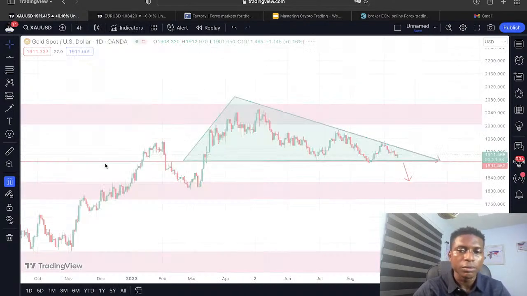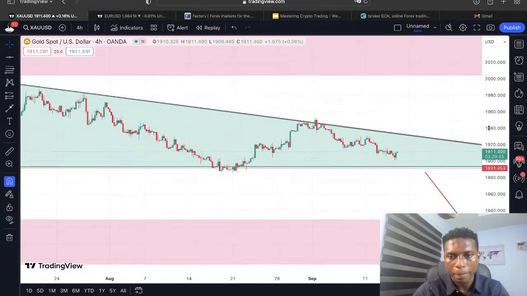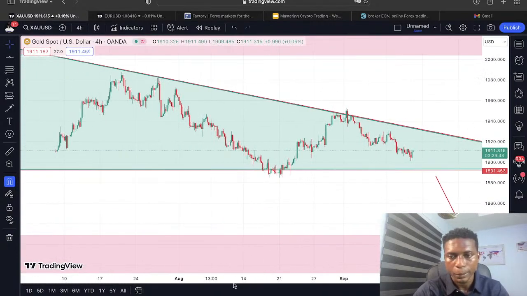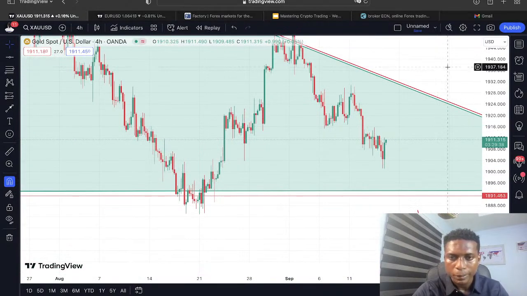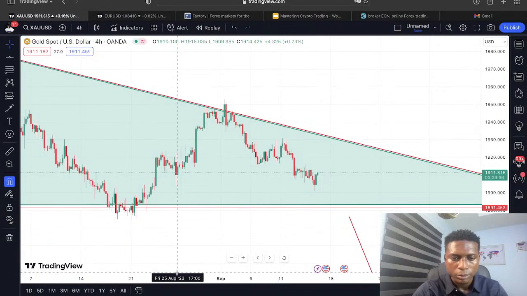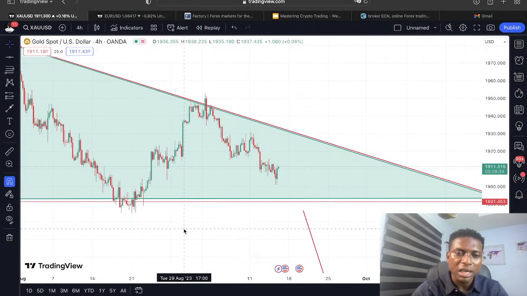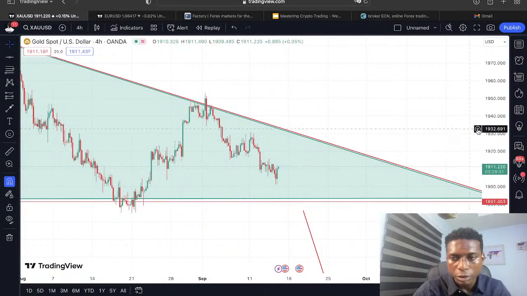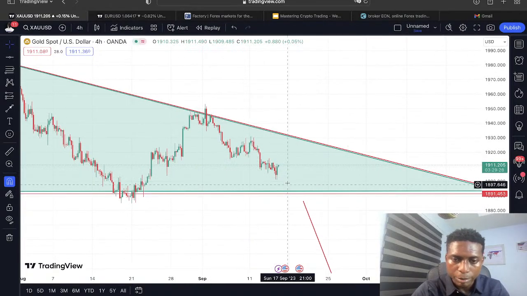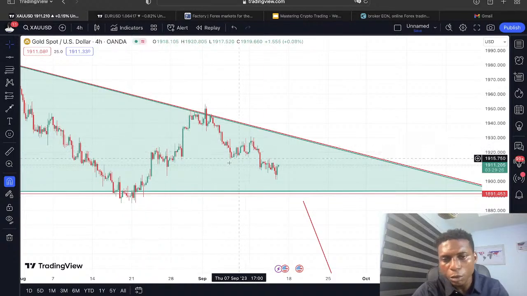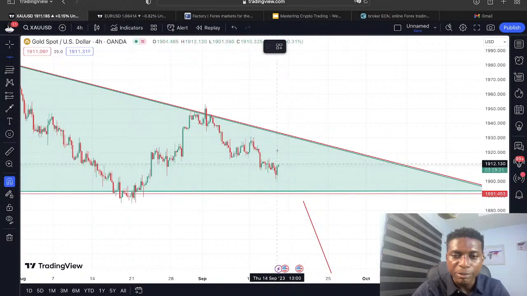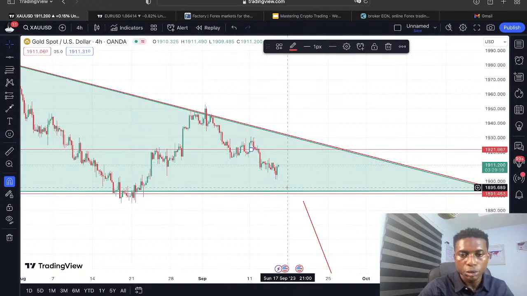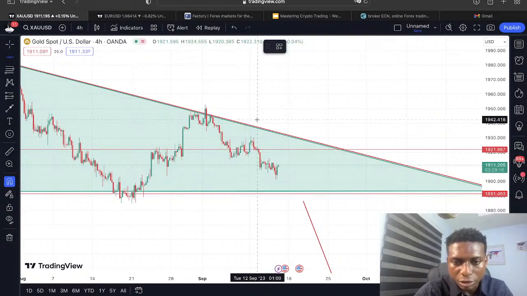Let's look at the 4 hours time frame. You can see that on the 4 hours time frame, the buy momentum is there. Of course, if you want to play the buying, it might be on a very short run, given that gold has closed above this level.